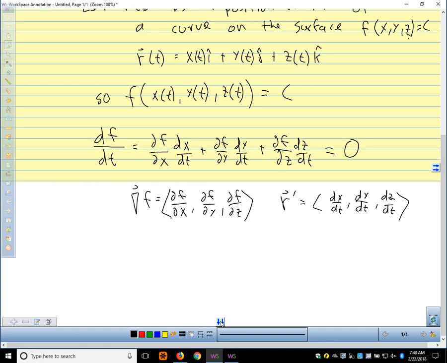So what we have here is that del f dot R prime equals 0. What does that tell us? They are orthogonal.